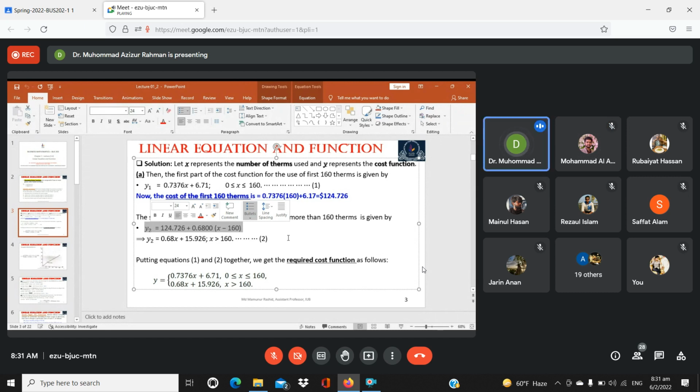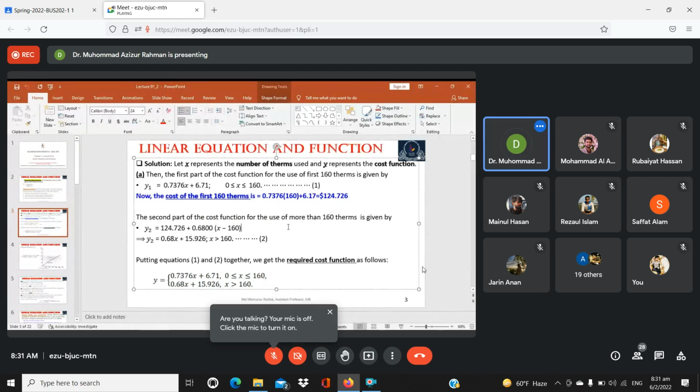So you have to make sure that you write properly, clearly. In this case, the condition is given for the change of the unit of the charge if you exceed 160. So you're assuming that in that condition you are using maybe 170.